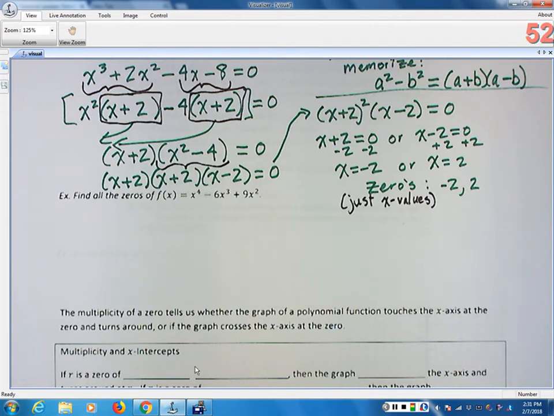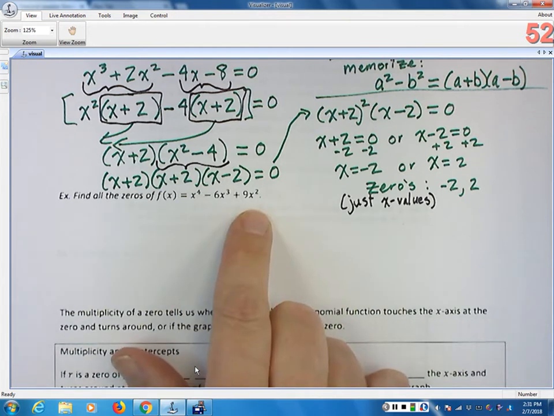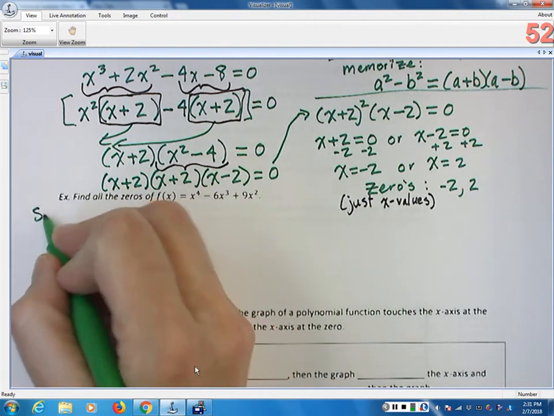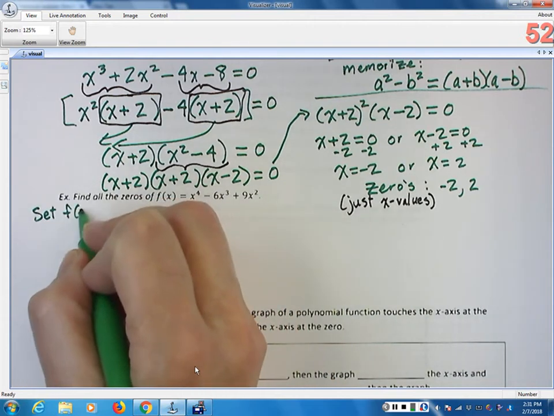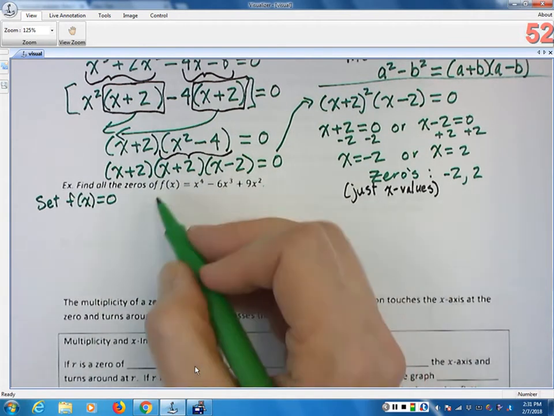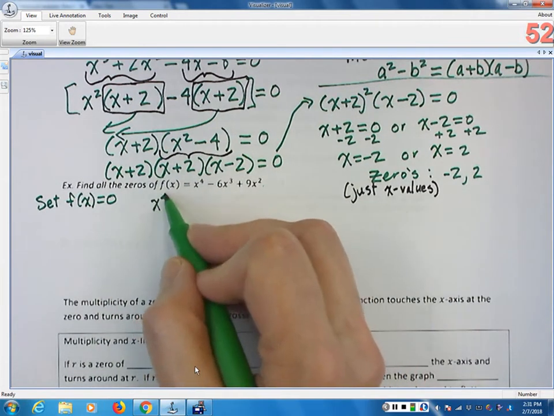When I first started doing these, I used to put a lot of drawings in there, and it just takes too much time. So, okay, what are the steps to find the zeros of something like this? We set it to what? 0. Right. So we set f of x equal to 0, and then we're going to factor. What kind of factor do you need to look for first?